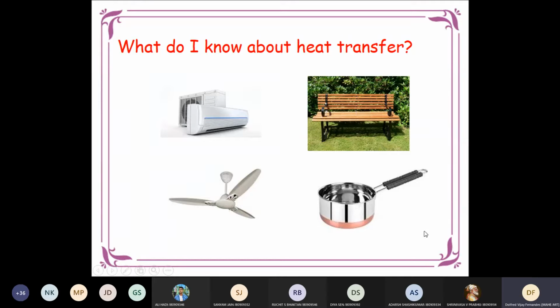Then if you go to buy utensils for your kitchen, you will see this reddish brown base. You know what this is, right? That is a copper base. Utensils come with a copper base. What is the purpose of this? Good heat conduction.